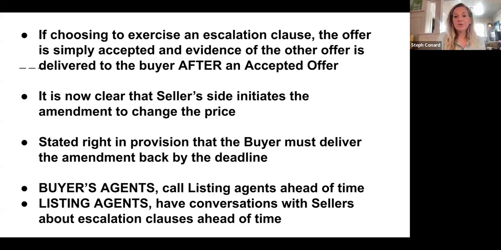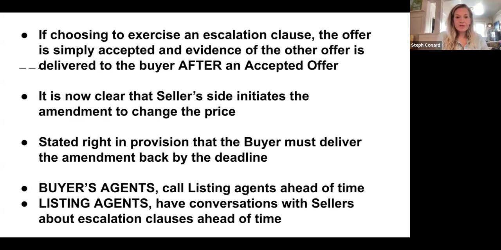The intention is that the seller is accepting that offer as it is, assuming all of the other terms are acceptable to the seller. And then after the accepted offer, the seller is going to communicate with the buyer directly, showing them a copy of the other offer, and then that amendment to the offer to purchase, raising the purchase price because it got escalated, will then be executed.